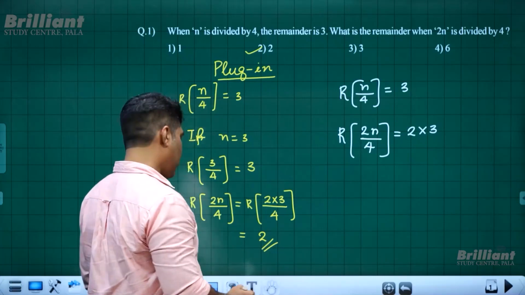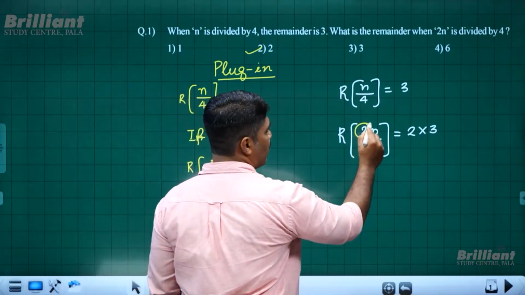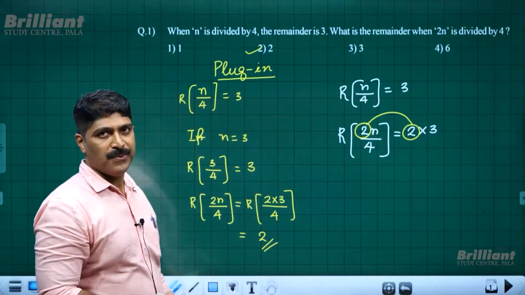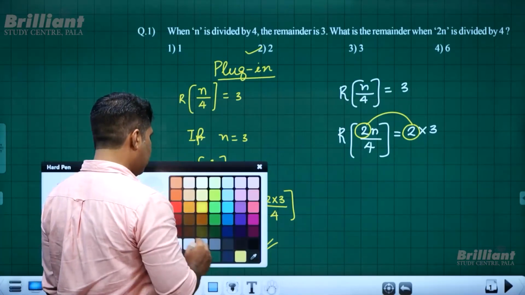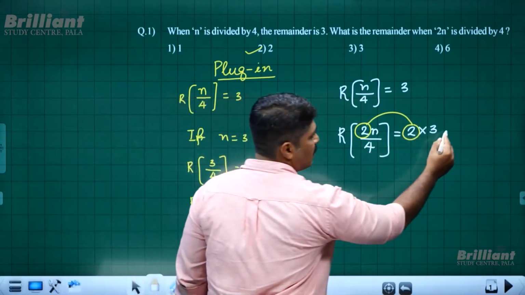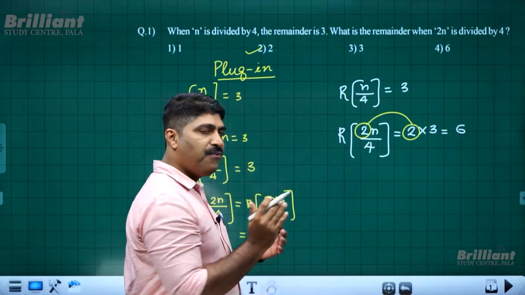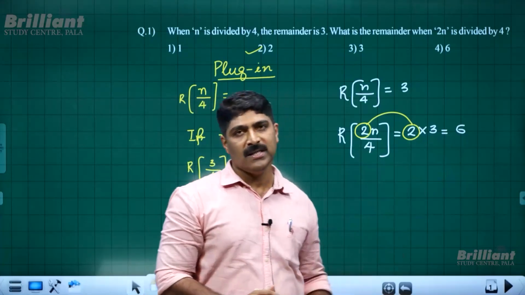What happened here? When we multiplied this number by 2, the remainder was also multiplied by the same 2. We know that this remainder is 6, but our divisor is only 4. Therefore, the remainder should not be more than the divisor.